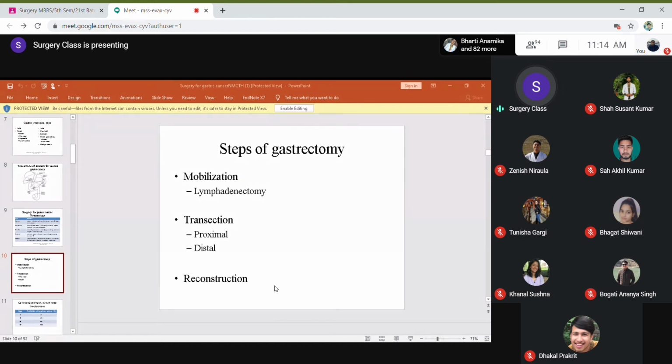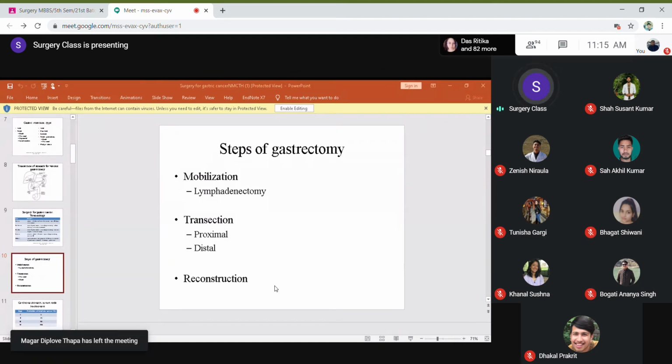So you'll do a subtotal D2 gastrectomy with Billroth 2 gastrojejunostomy, or Roux-en-Y gastrojejunostomy. Do you understand that? If you remember this much, that is well and good.